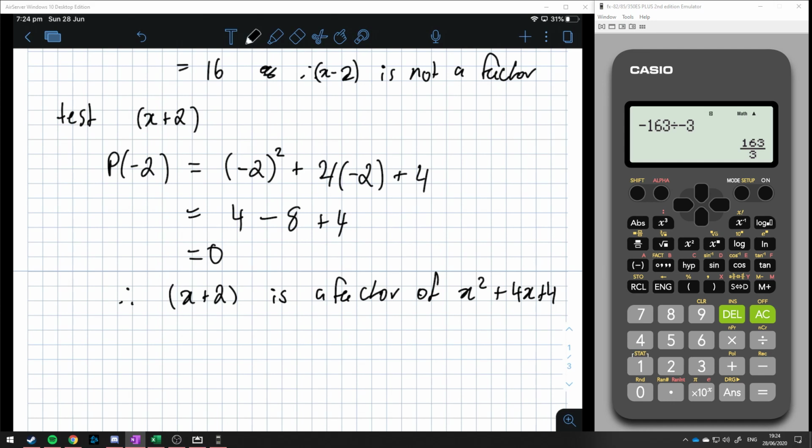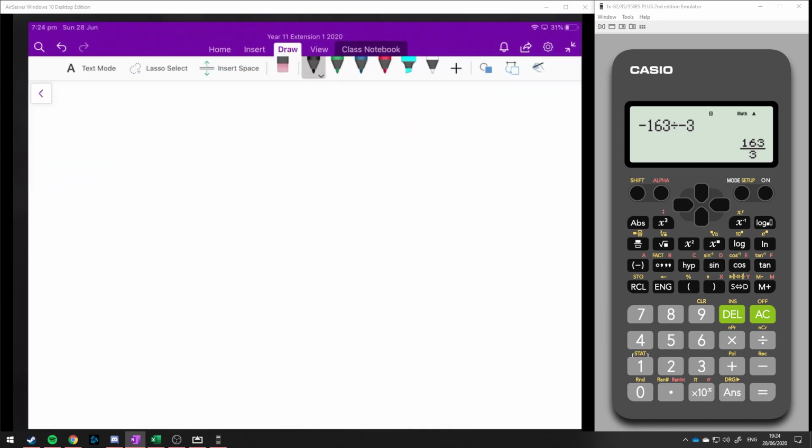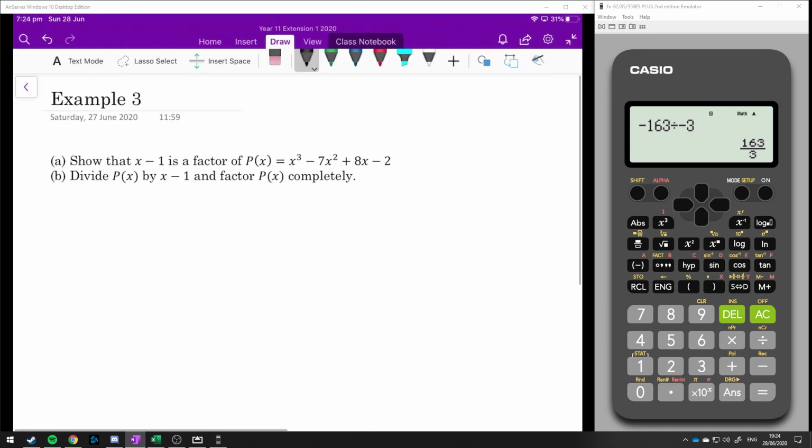Okay, so let's have a look at the example for this one. And I promise you there's only one of these ones. What we're going to do is show that x minus 1 is a factor of p of x.